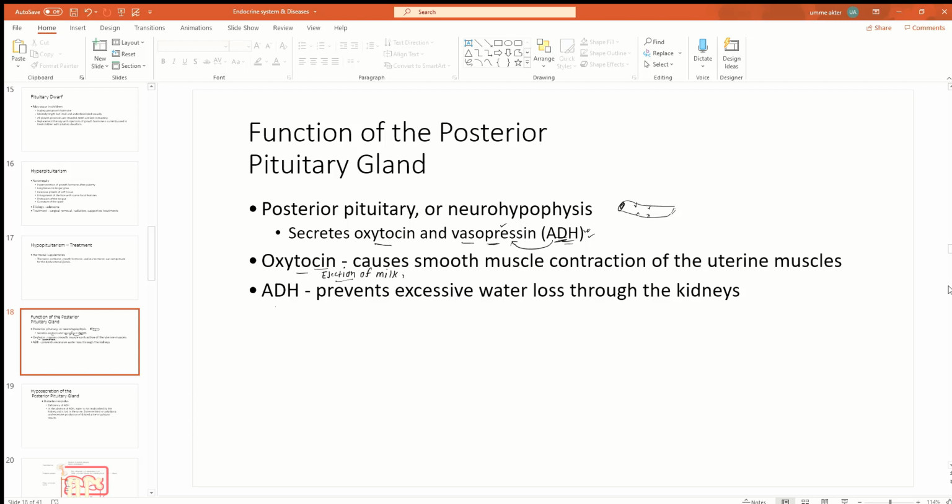So two important functions: ejection of milk, and uterine contraction for childbirth. Production of milk is prolactin, an anterior pituitary hormone, and ejection of milk is a different thing. Ejection of milk is helped by oxytocin.